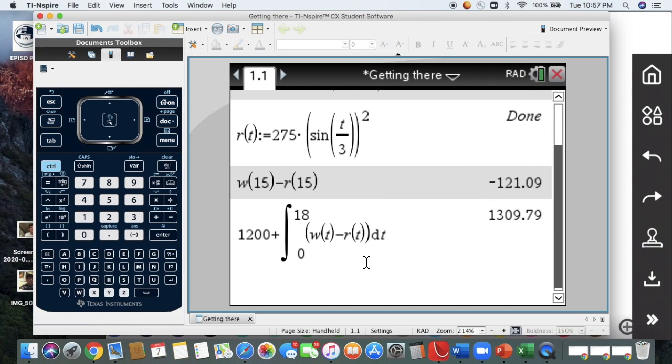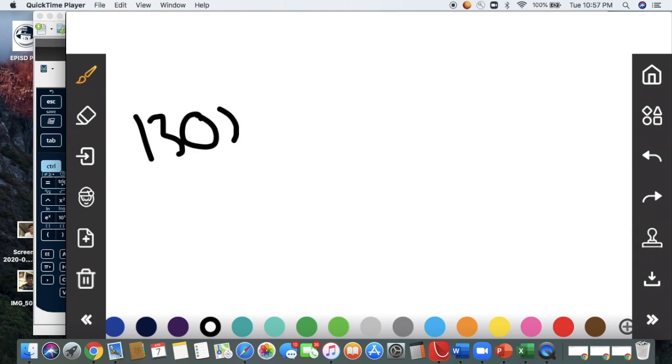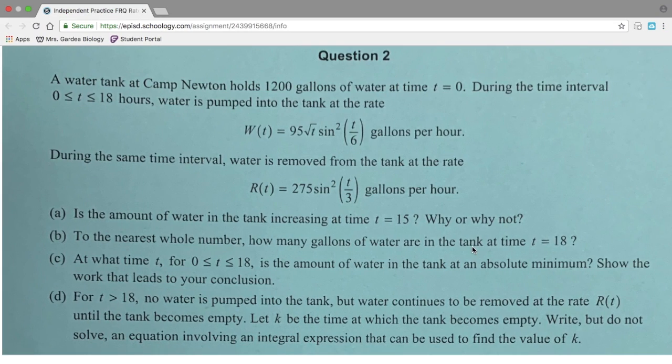But remember that they asked for the nearest gallon. So this will go to approximately 1,310 gallons, right? So that was B. That one was pretty good, easy.